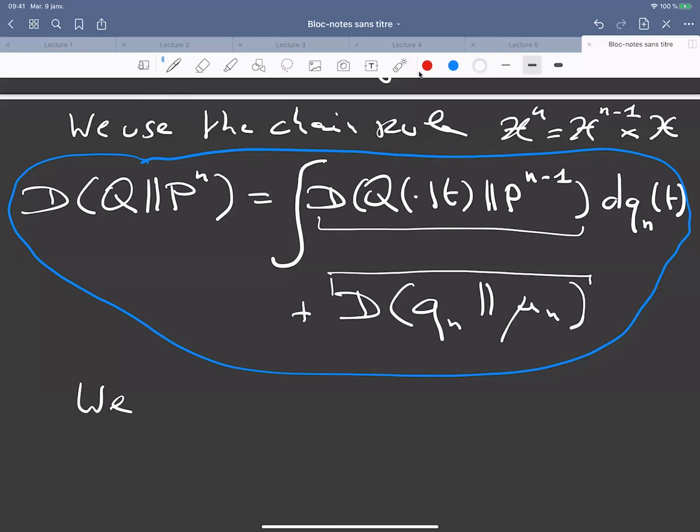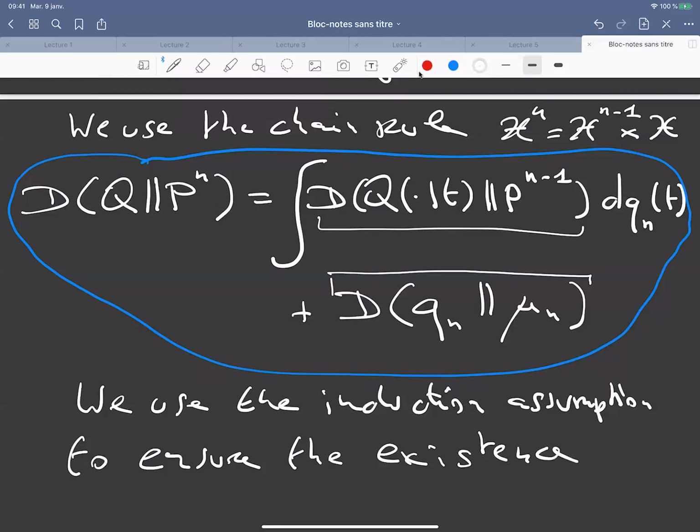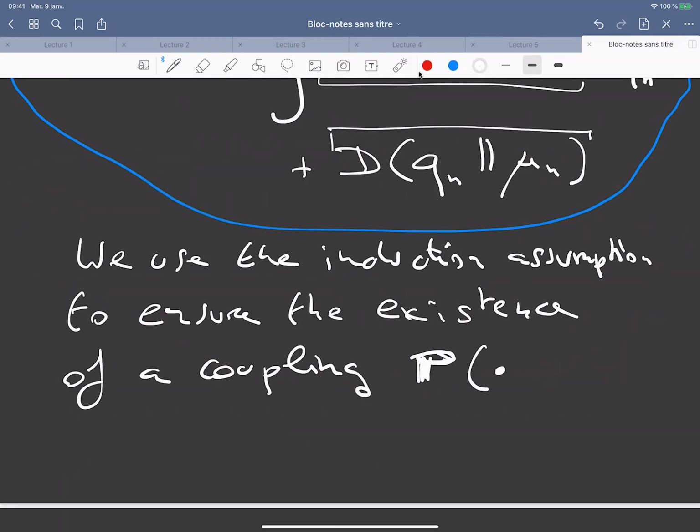So we use the induction assumption to ensure the existence of a coupling, bold P, that I denote by bold P given T. It's a notation.